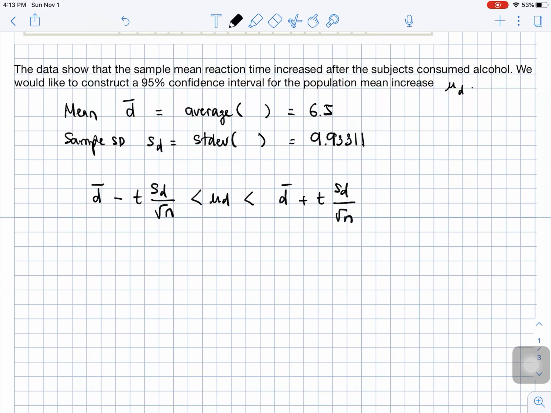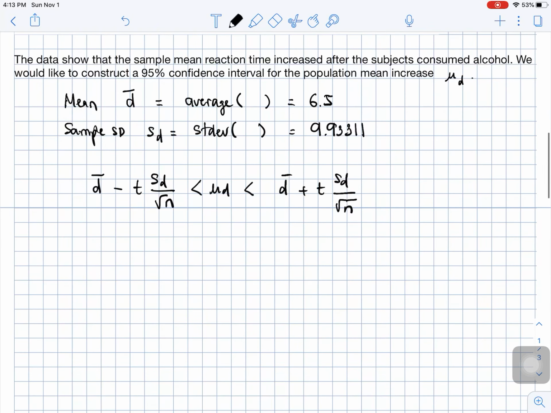So we just go ahead and do the problem, and then I will explain the meaning. We're going to use the formula. Mu D represents the population difference, and is equal to the sample mean of the difference, D bar, minus t times SD over square root of n, and then D bar plus t times SD over square root of n for the right-hand side.